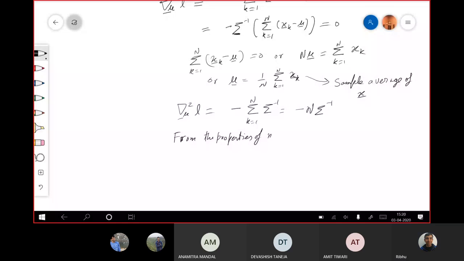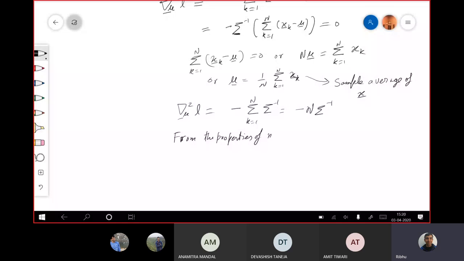Gaussian random variables, we know that the covariance matrix is always positive definite.